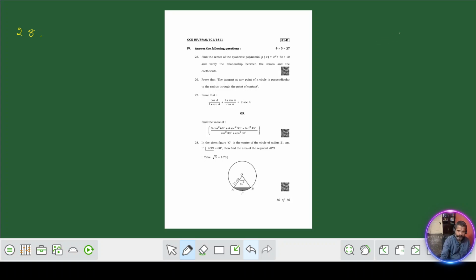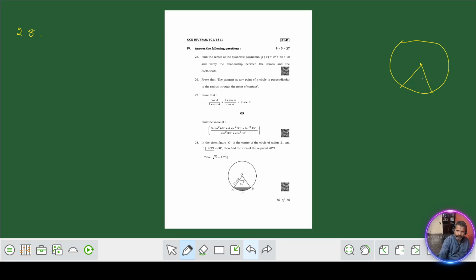Let's draw the figure here. This is the circle. These are the radii. OAB are given.